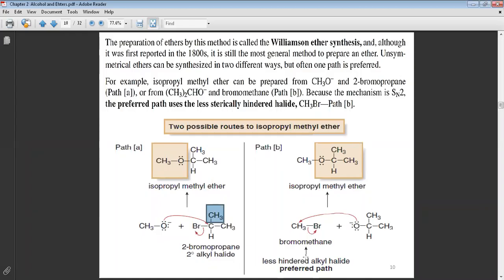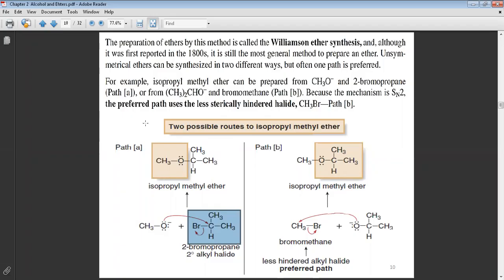That means this pathway, this choice, is best to synthesize this ether. This is the best one, because the base will be stronger and the alkyl halide will have less steric effect. But here, no: the base will be weaker and the alkyl halide will have a steric effect.